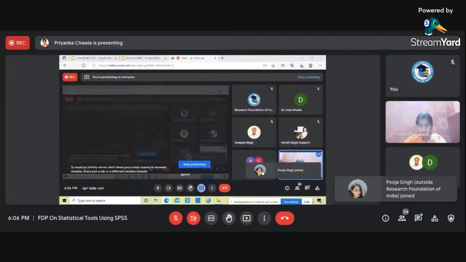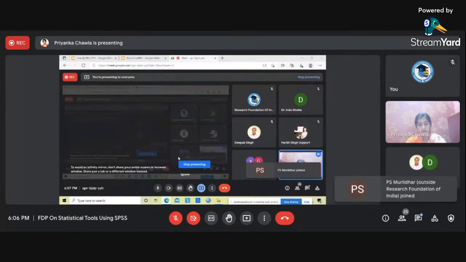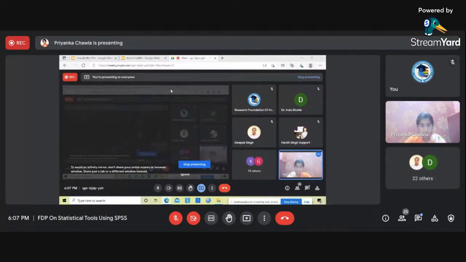So, I'm assuming you all are aware about data type, the number of variables in the hypothesis which we are dealing with, and the nature of study which we are conducting. All these help us in choosing the appropriate test. Okay? So today I'll explain something else. What is univariate data, bivariate data, and multivariate data.